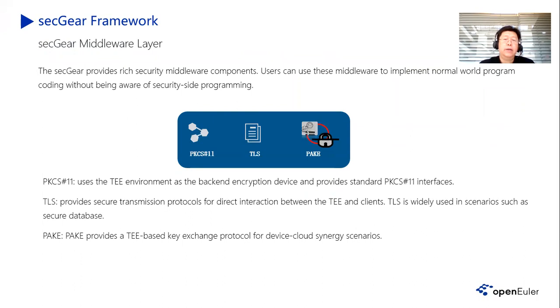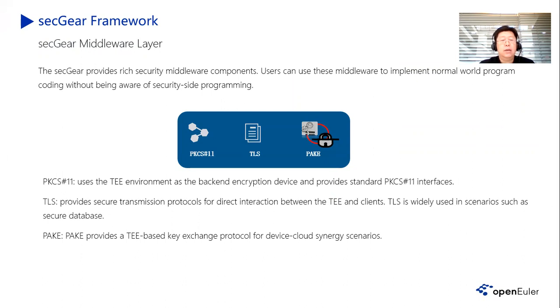And for the middleware layer, we supply several standard protocol implementations, including PKCS11, TLS, and PKE. PKCS11 uses the enclave environment as the backend encryption device and provides a standard PKCS11 interface.